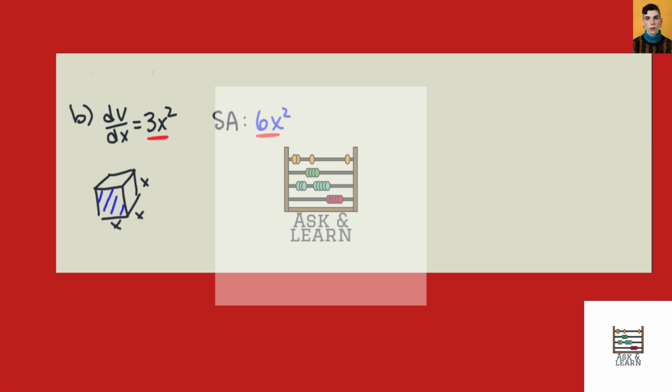Now let's take a look at that from a geometric perspective. Suppose that the cube grows bigger, and the side length is now x plus delta x. So we added delta x to each side.